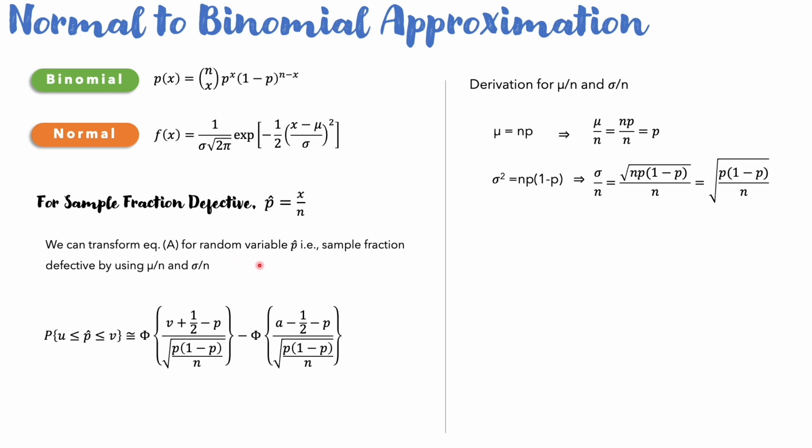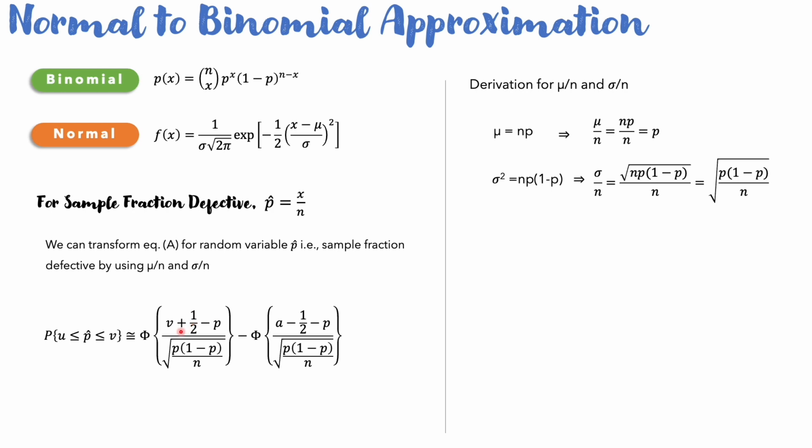I remember that phi is equal to mu minus n over sigma. So from there we got the standard normal distribution function. So in equation a, we will simply replace mu with mu over n and sigma with sigma over n, and our equation will become like this.